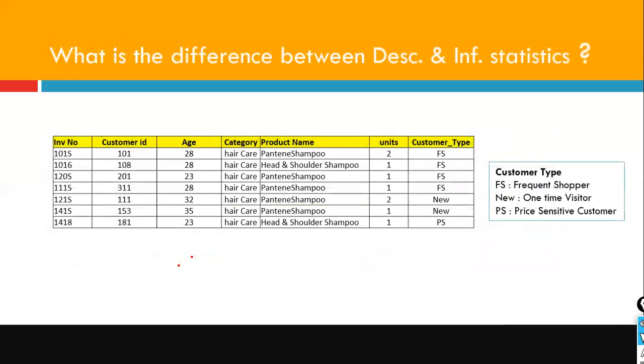Now, if somebody is asking you what is the difference between descriptive and inferential statistics, take a look at this data set. This is a sample given to you. With this, you can quickly give descriptive information about this data. A descriptive question could be asked about this data, like, what is the common age of frequent shoppers in Orange County.